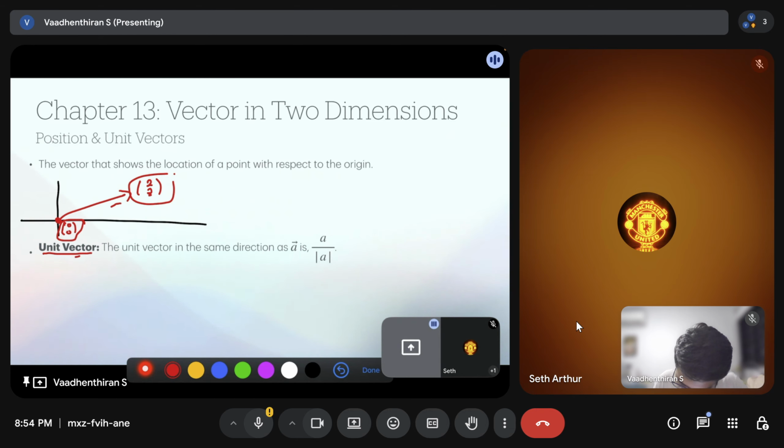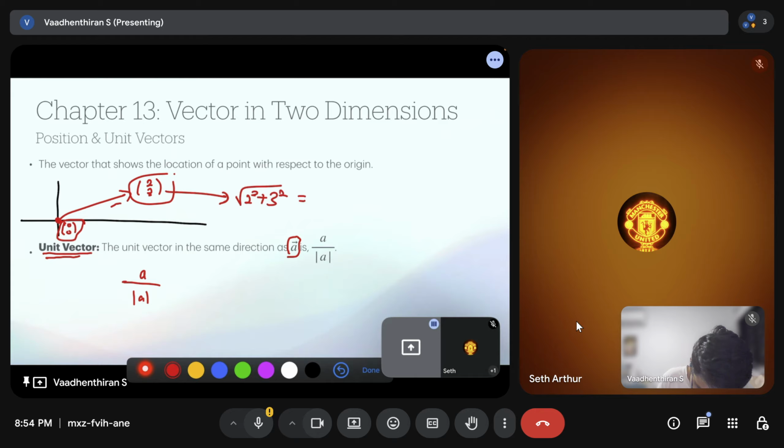And the unit vector is the vector in the same direction as A. For some vector A, the unit vector is always calculated by A divided by the magnitude of the vector. So here, if it is 2, 3, the magnitude will be the square root of 2 squared plus 3 squared.